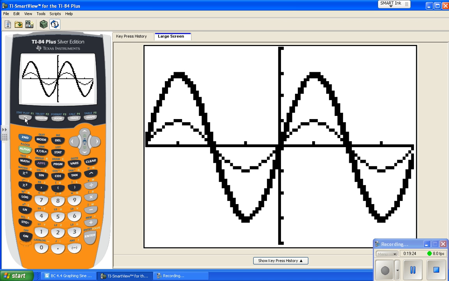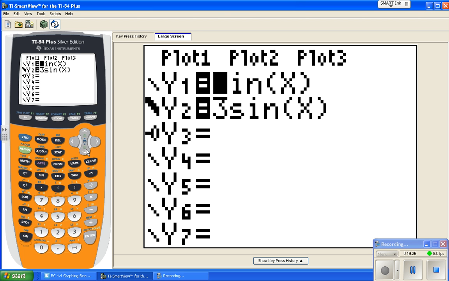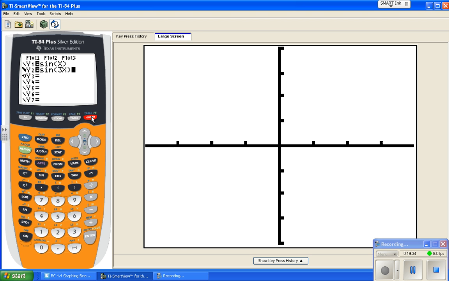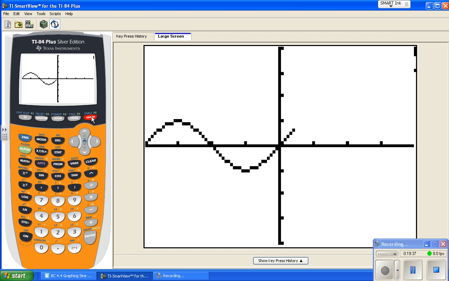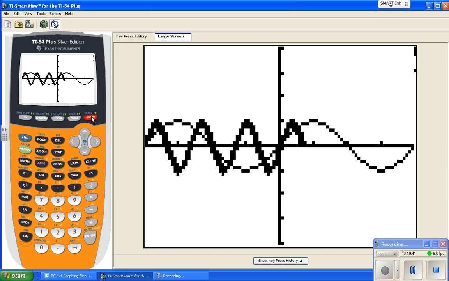Okay, I want to move that 3 now. Okay, I should have done this on the video before this, but I didn't, so sorry. 3x. Should have actually done it probably the first one. All right, so here's sine of x. And then after that, sine of 3x. So notice how the amplitude did not change, but the period did.